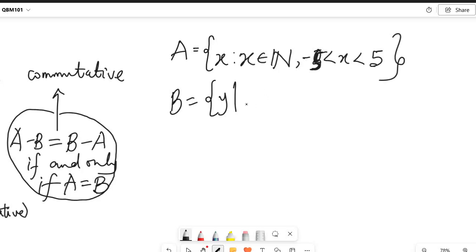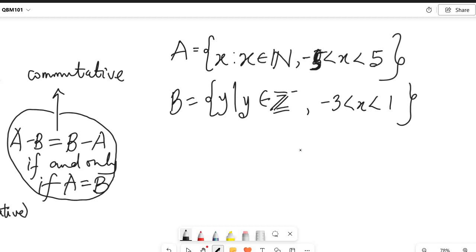And let's say B equals {y : y is an element of Z, minus 3 < x < 1}.